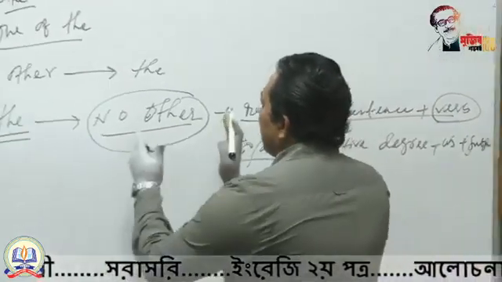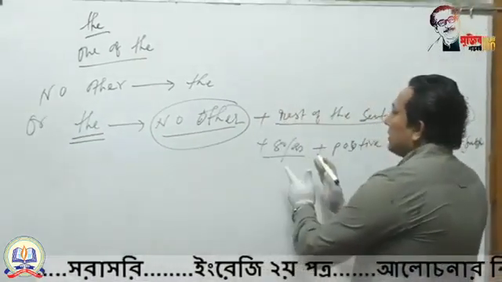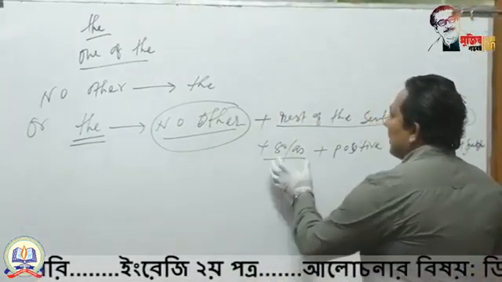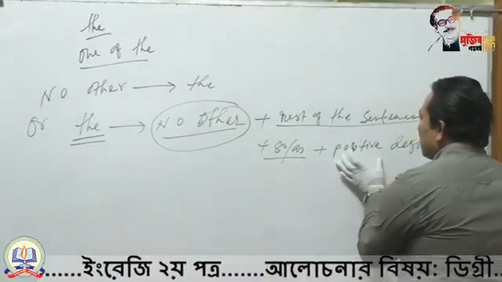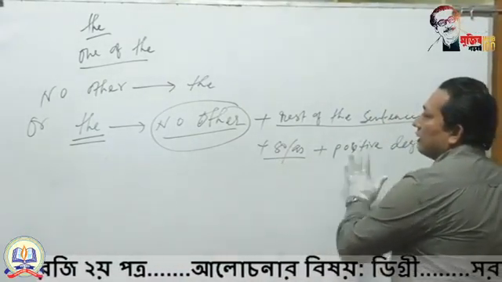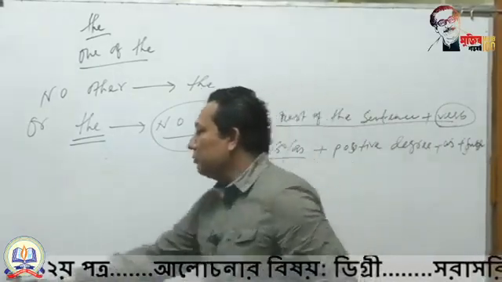That means no other plus rest of the sentence plus you have to use verb plus "as" or "so" plus positive degree plus "as" plus subject. In this way, you have to make the positive form from superlative degree.